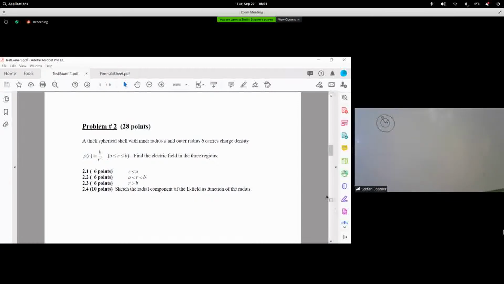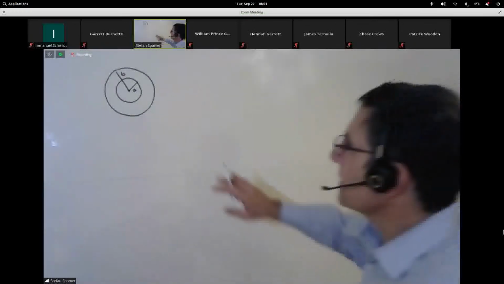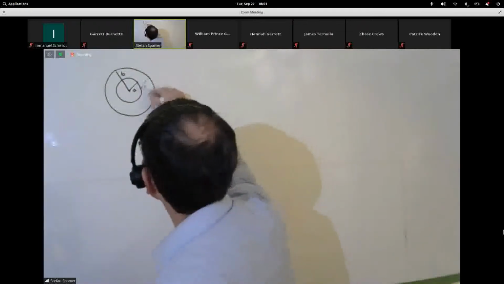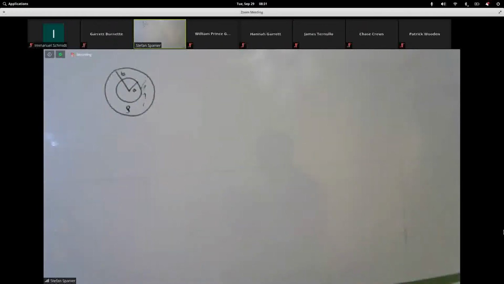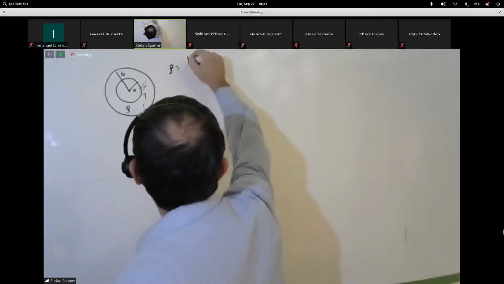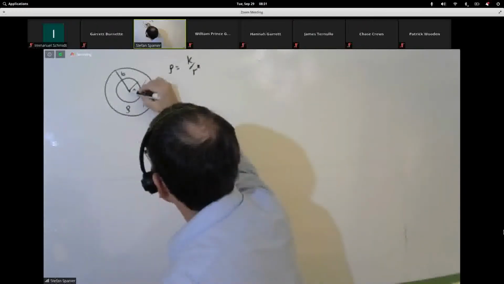And actually, let me stop sharing again so the whiteboard becomes dominant projection here. So you better draw it first. And it's about this region where the rho is actually given. This is where the charge sits. And rho is given as k over r squared, in the radial direction of r.